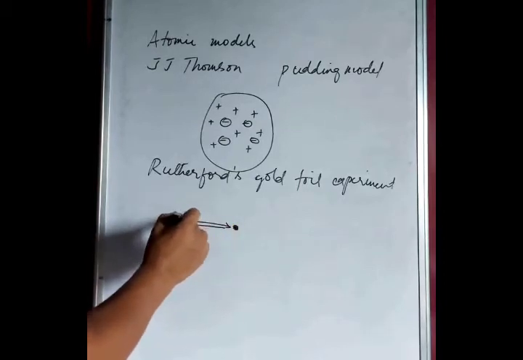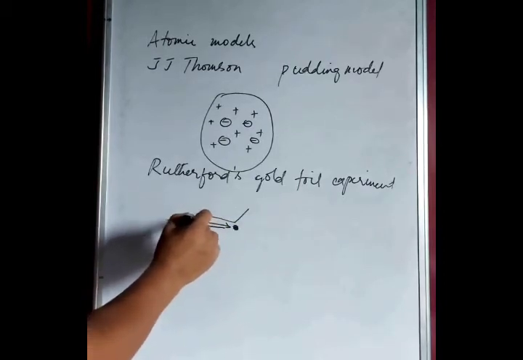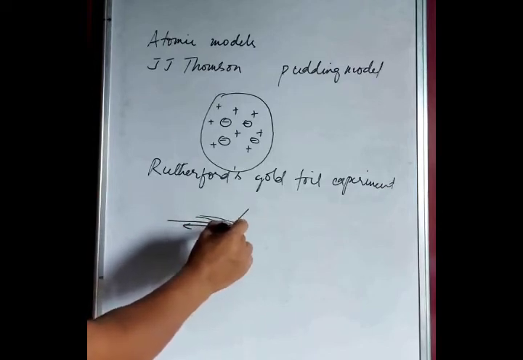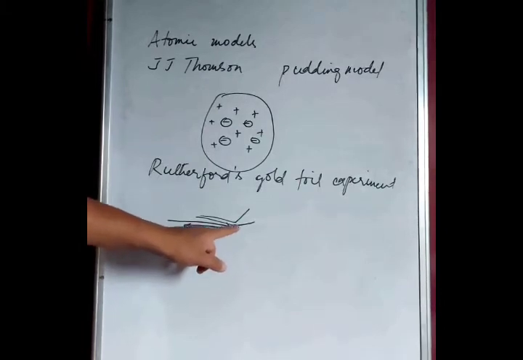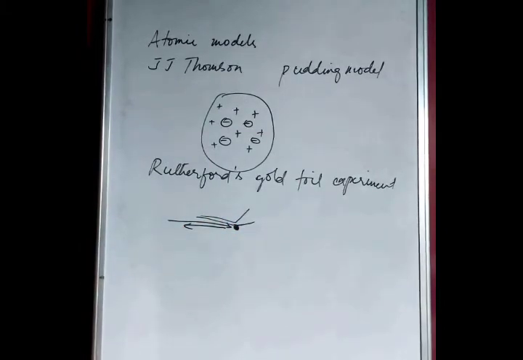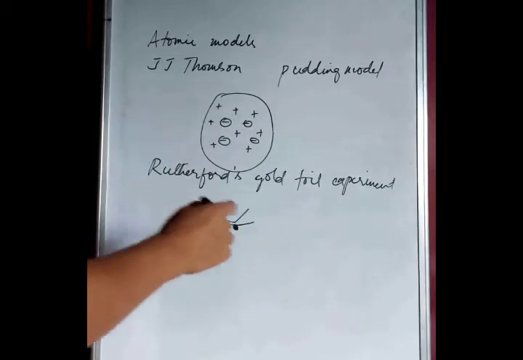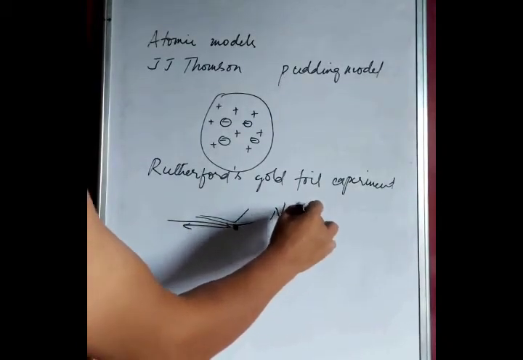Some were reflected by a larger angle, some by a smaller angle, and so on. So from his experiment he found out that there was a large concentrated area inside the atom, and he referred to that as the nucleus.